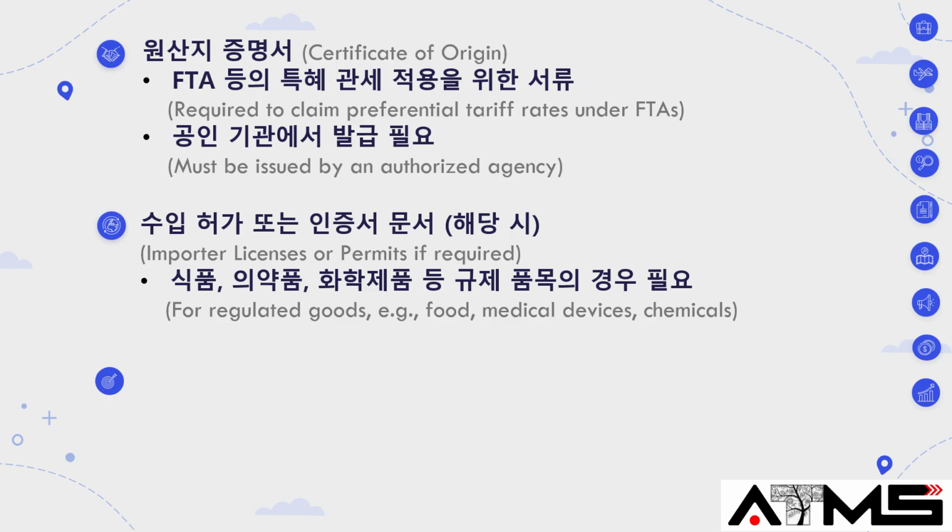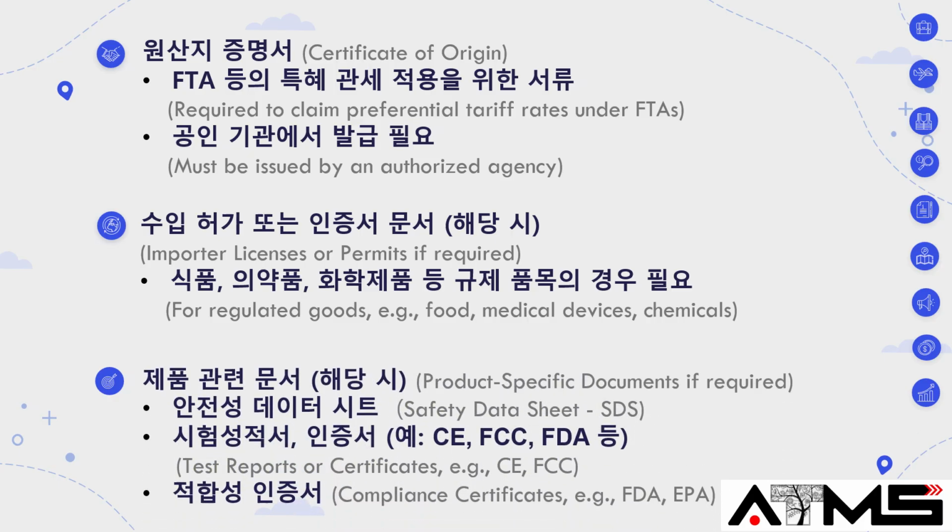Good examples would be food, pharmaceuticals, chemicals, military use goods, etc. Some items may be subject to a quota and require pre-approval. You may also need safety data sheets, test reports, or certificates of conformity.